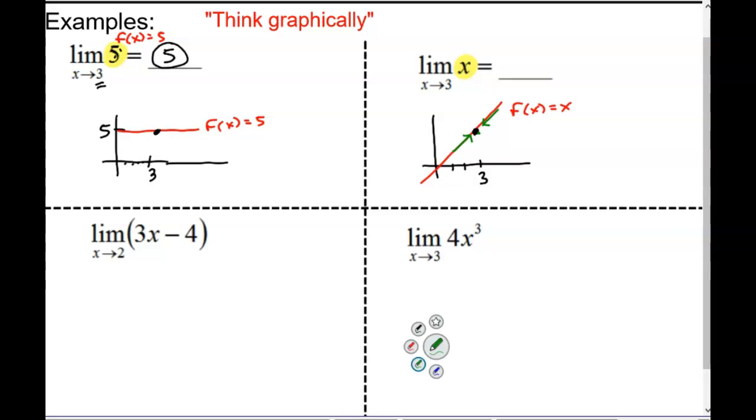If 3 goes into the function, what's going to come out? This is the equation: whatever x is, that's what y is. So you can kind of just check from our knowledge of that graph that that's what the limit is. And that's one of the hints, is these rules that we're teaching you can all be visualized graphically.